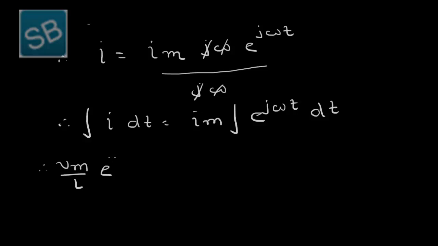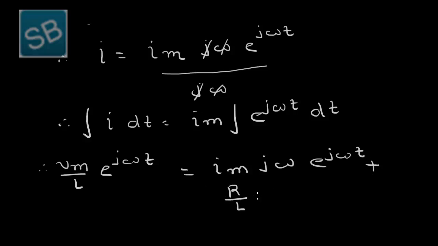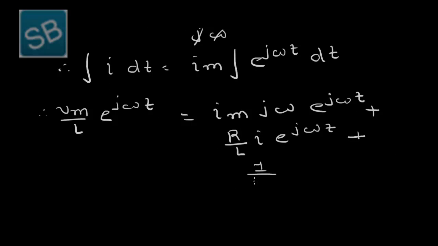Vm by L e raised to, and now the cos omega t, which I have considered as e raised to j omega t, and the right hand side will be Im j omega e raised to j omega t plus R by L Im e raised to j omega t plus 1 over LC Im e raised to j omega t divided by j omega.